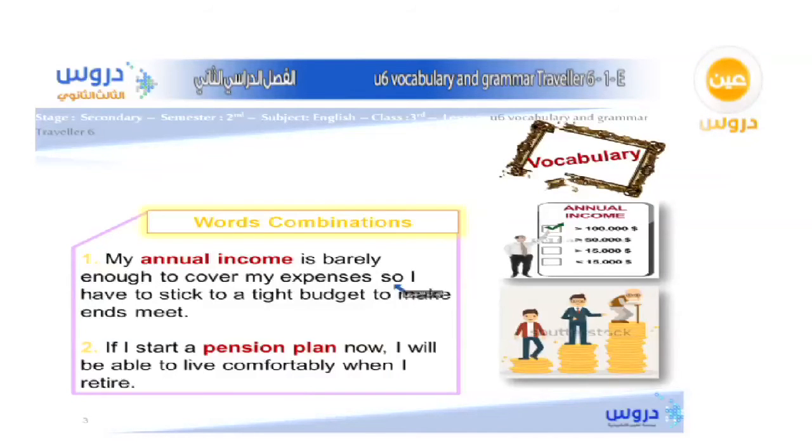Slide, which is vocabulary. Now, what can you see on the right side? You can see a young man, a moderate man, and an old man. They stand on currencies or some coins. We have also annual income.